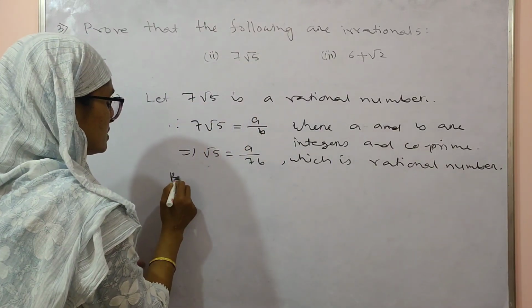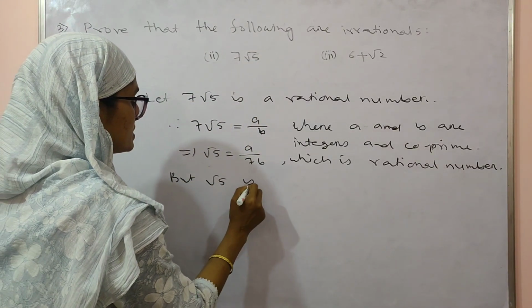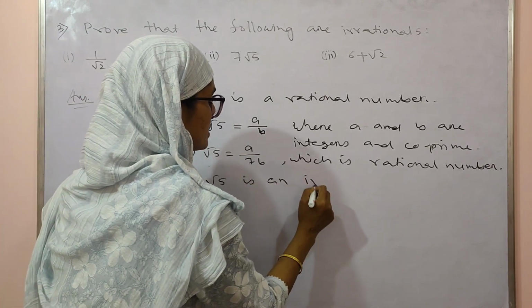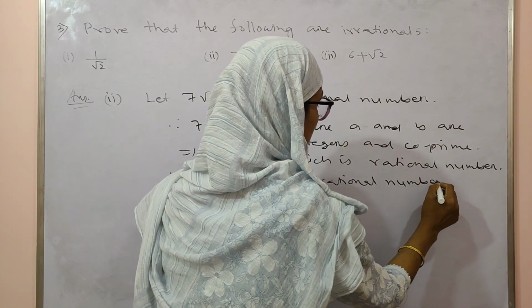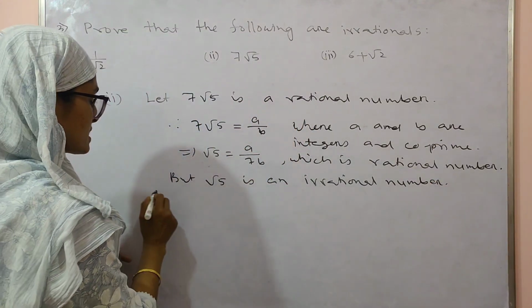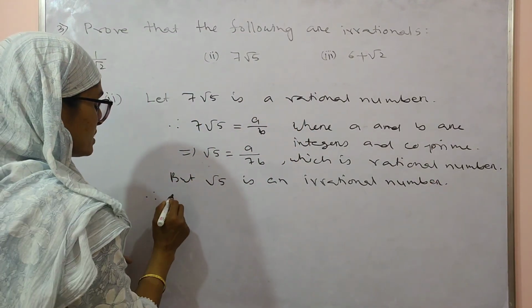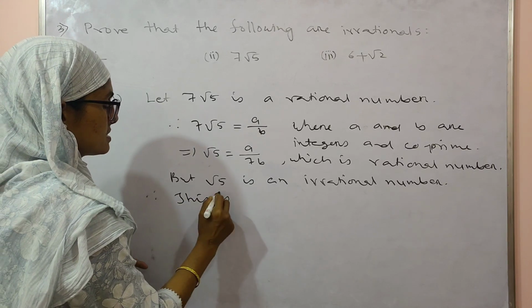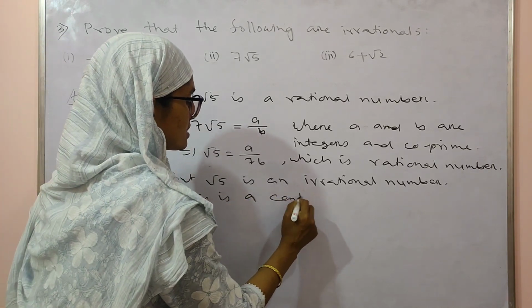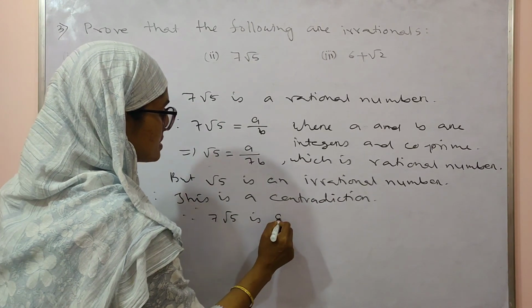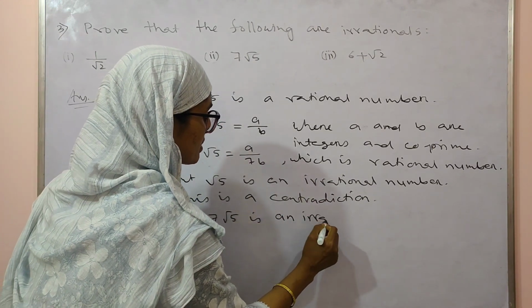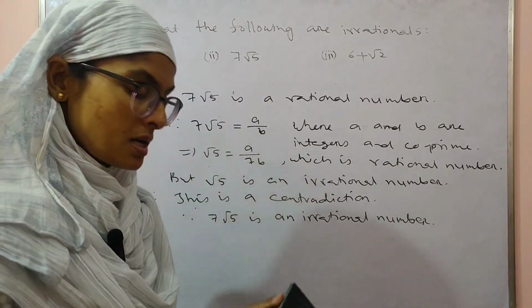But root 5 is an irrational number. So this is a contradiction. Therefore 7 root 5 is an irrational number.